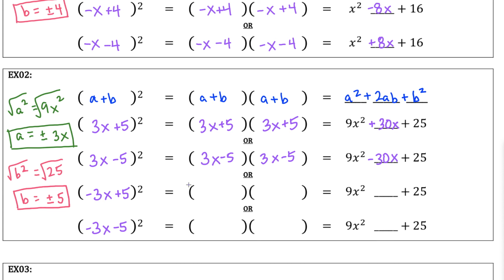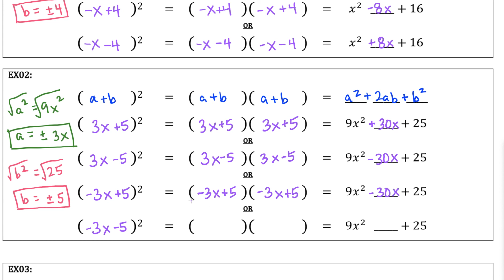And (negative 3x plus 5) squared is negative 3x plus 5 times negative 3x plus 5. We can just skip to the middle part. So negative 3x times 5 is negative 15. We have 2 of them, negative 30x.